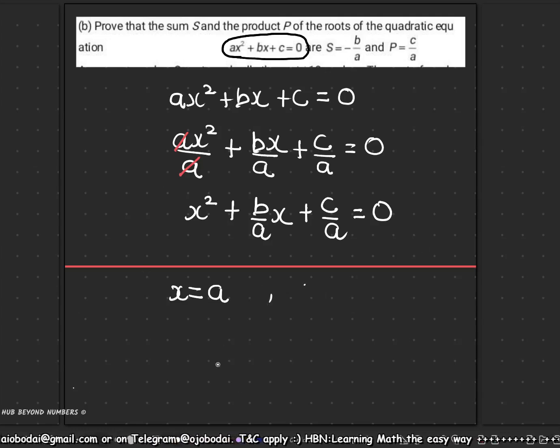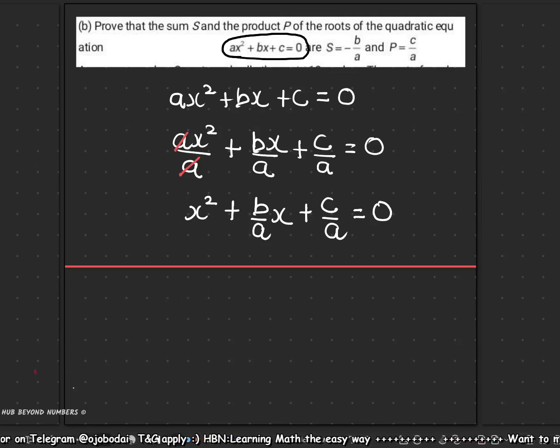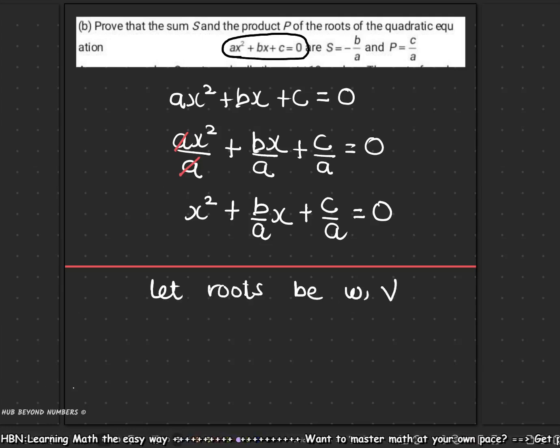Since we have a and b in our equation, let's not use a. So let's let the roots of the quadratic equation be any variable of our choice. We are letting the roots be w and v.